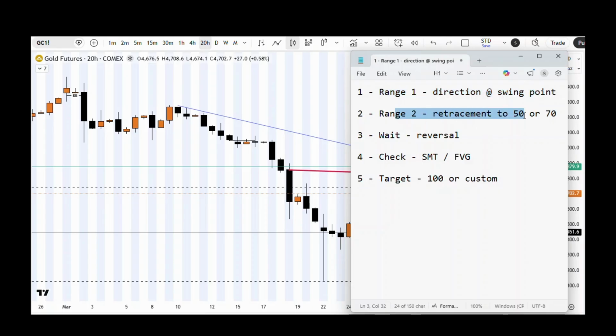Then the second part is just your retracement. Again, this can be fast, it can be slow, it can be messy. It doesn't actually matter. The key is that the second range is shorter than the first one. So your retracement range. The key thing to look out for here is looking for price to stall at the 50% or the 70% fib.